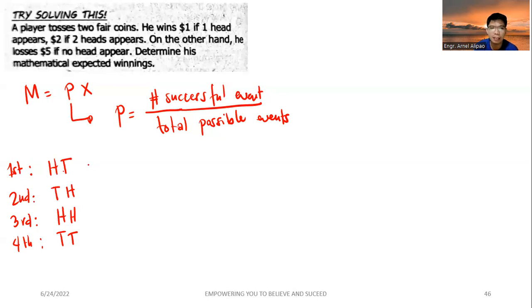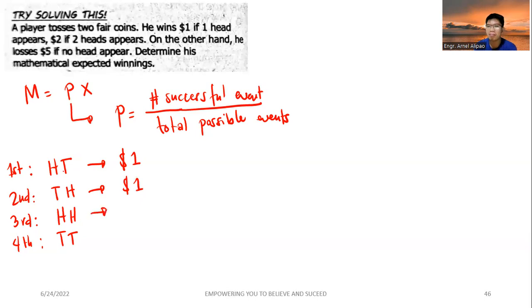So for the first event, the player wins how many dollars? Only $1, because it says here that he wins $1 if there is one head. All right? So regardless if the other coin is a tail, it doesn't matter. The condition says as long as for every event there is one head, you will earn $1. So for the second event, still the player earns $1.